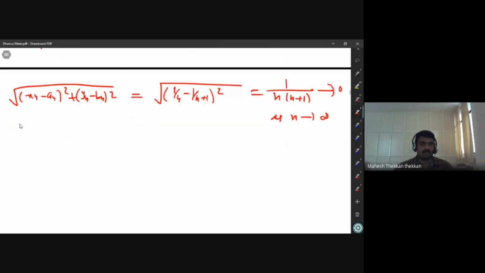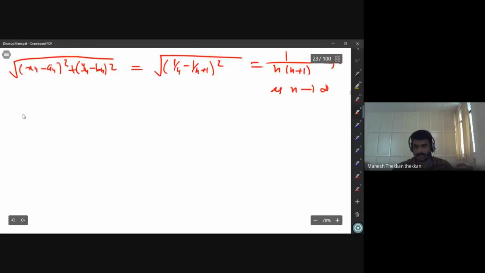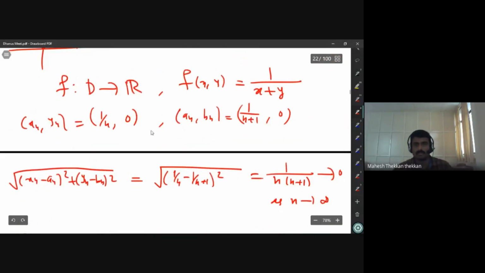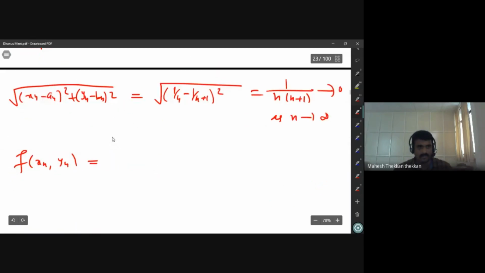Okay. So now I will look at f of (xn, yn). What is f of (xn, yn)? I have to substitute in this equation. My f of (x, y) is 1 by (x plus y). So f of (xn, yn) is 1 by (1 by n), so that is nothing but n.